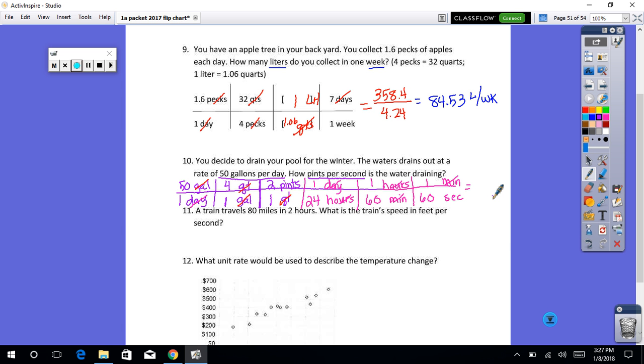So you have 400 on top. One times 24 times 60 times 60. And a big old number on the bottom.